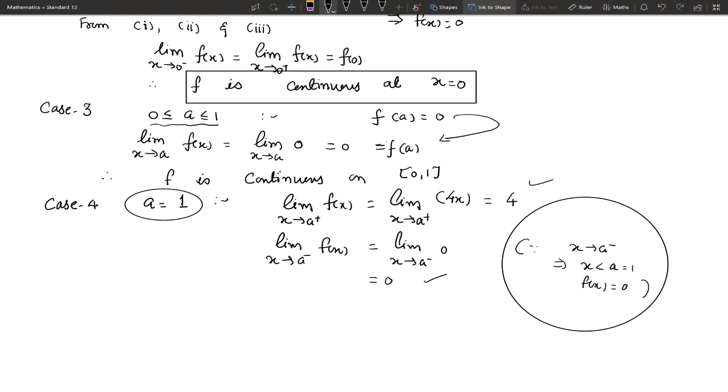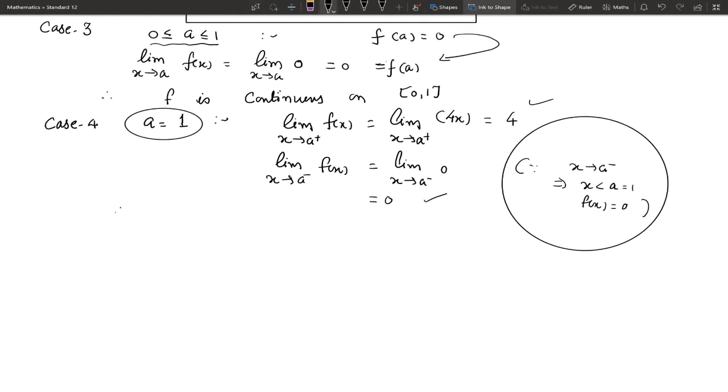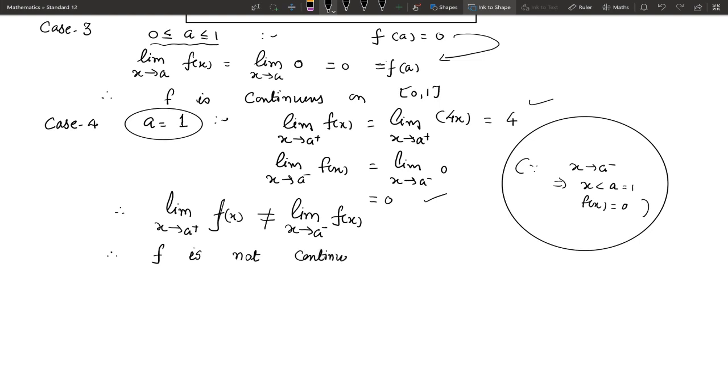So you can observe, therefore, limit x tends to a plus, right hand side limit, not equal to left hand side limit, x tends to a minus f of x, and therefore f is not continuous at x equal to 1.